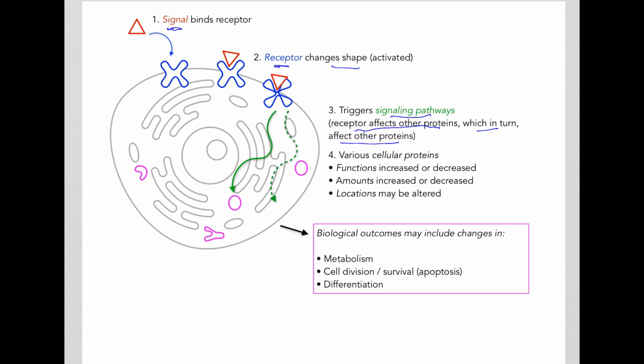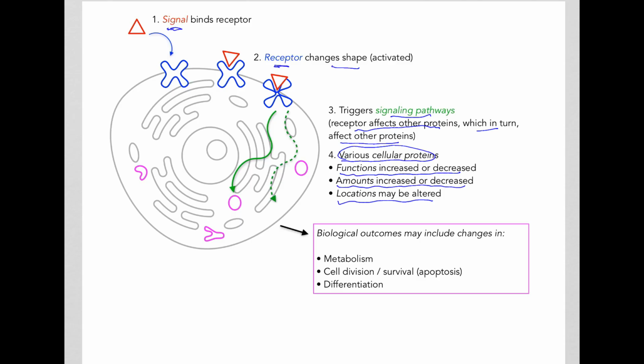The end result of this is various cellular proteins in the cell will be affected. Either their functions may be increased or decreased, the amounts of the proteins in the cell may be increased or decreased, and even the location of the protein may be altered.